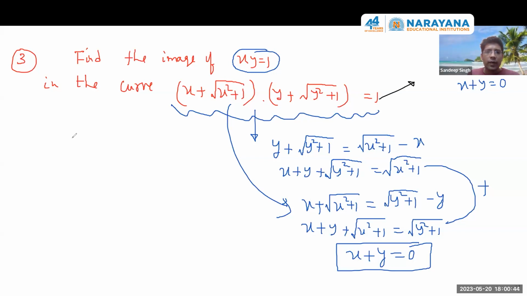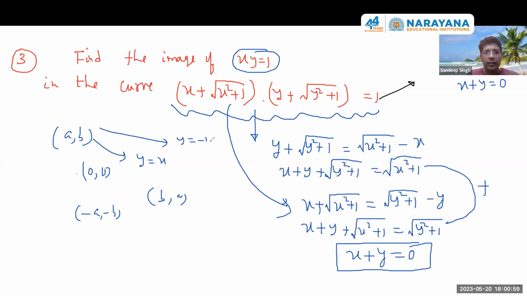See, if I ask you to take the image of A comma B in the origin, then that image is minus A minus B. If I ask you to take the image of A comma B in y equal to x, it is B comma A. And if I ask you to take the image in y equal to minus x or x plus y equal to 0, this is minus B minus A. Is that clear?